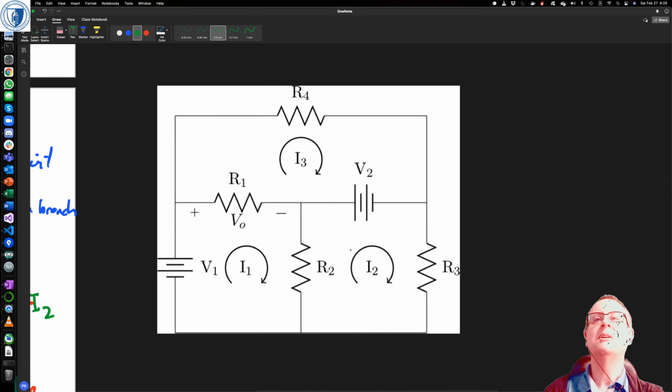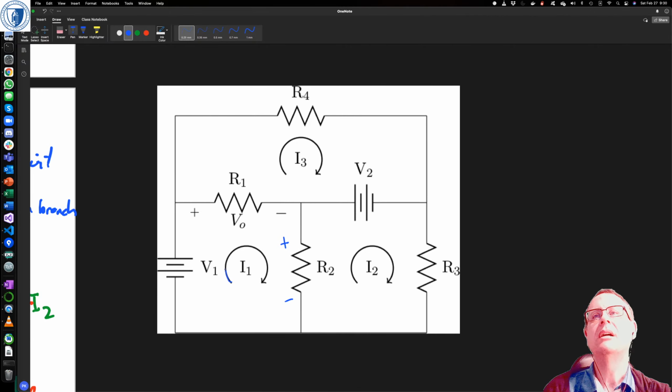Okay, so now the first piece, assign the mesh currents, is done for you. What I'd suggest you do though is have a look and make sure that you understand what the polarities of everything are.